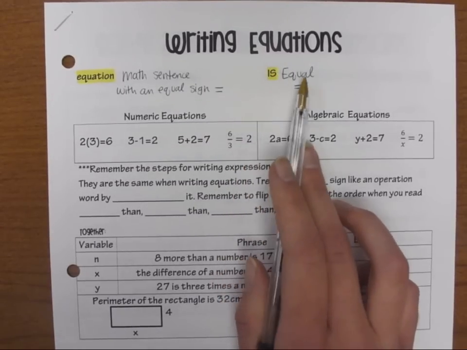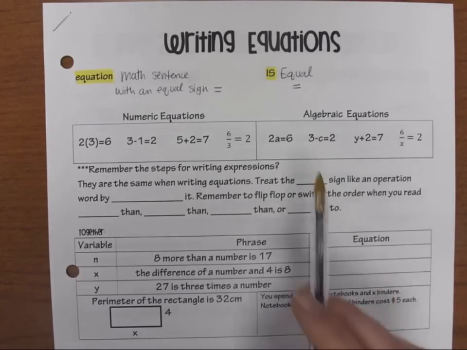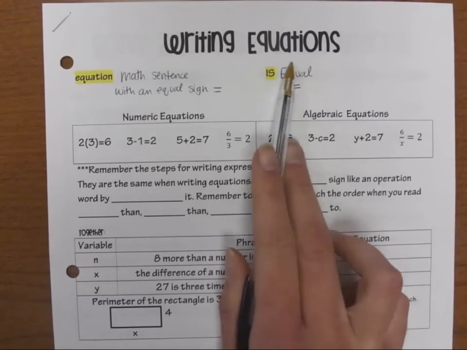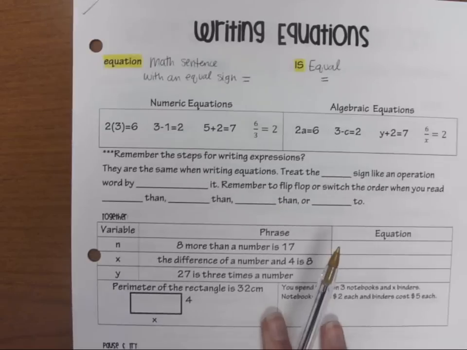It's the word is, and it means equal. So whenever I say something like 27 is 3 times a number, that means that 27 is equal to 3 times that number. So this is a new word to add to our vocabulary list, is equal.